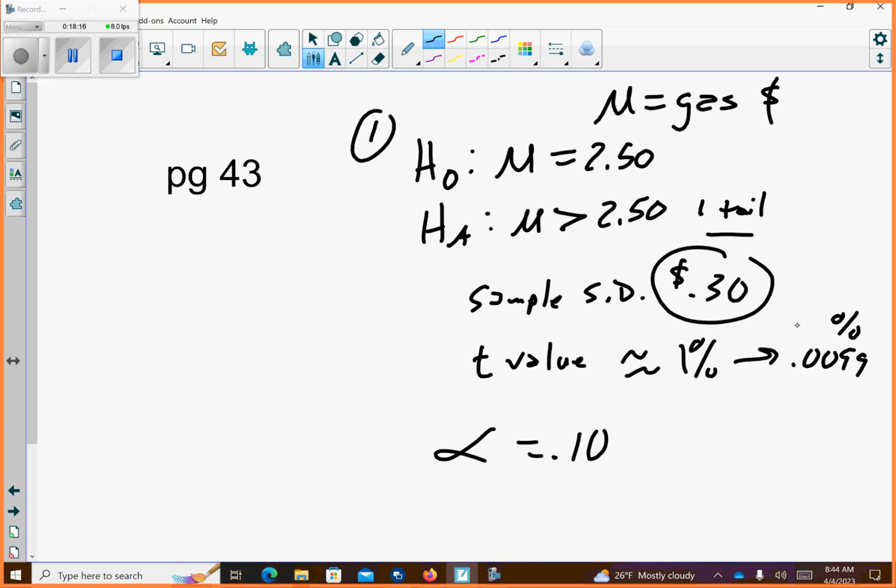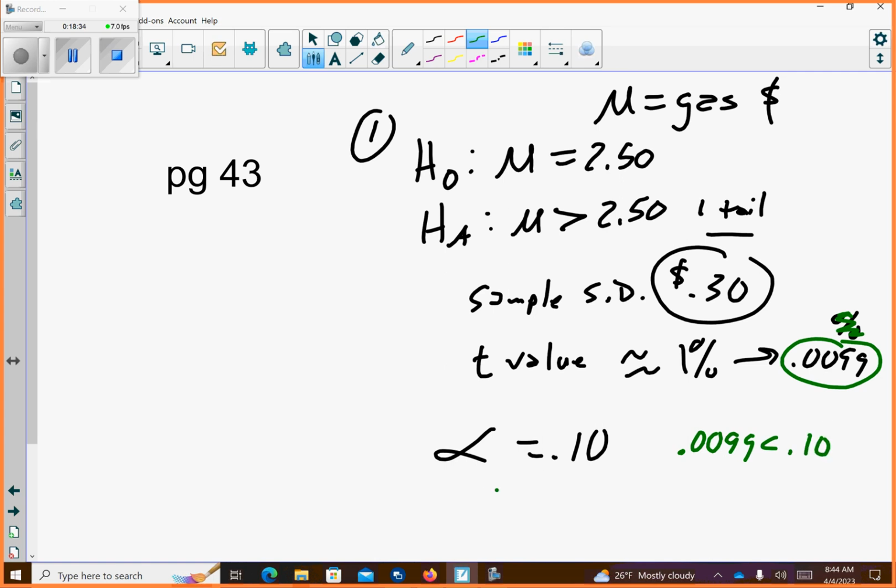So let's actually look at this. So I know that 0.0099 is less than 0.10.